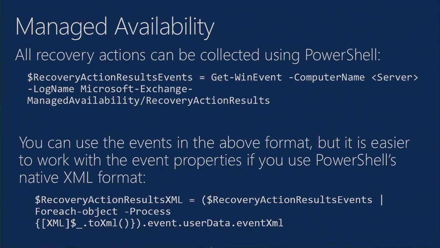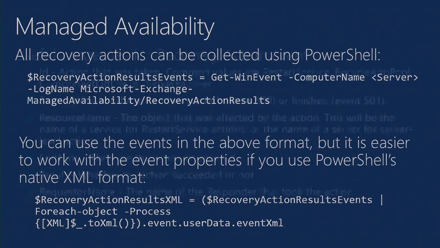So I usually stick on the next command as well, so that I can use the raw XML, because of the way we write the managed availability information into the event log, viewing it in the XML version, even in Event Viewer, actually exposes more data than the text version. It'll show you all the information about that managed availability component.